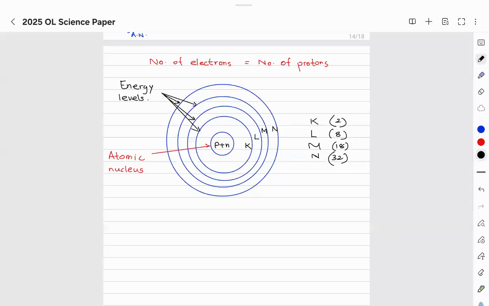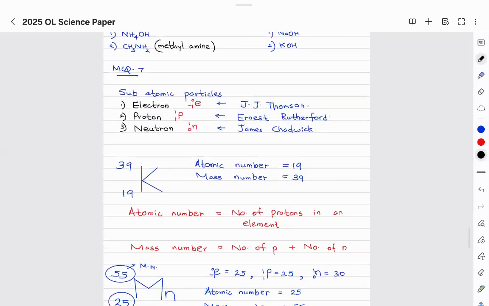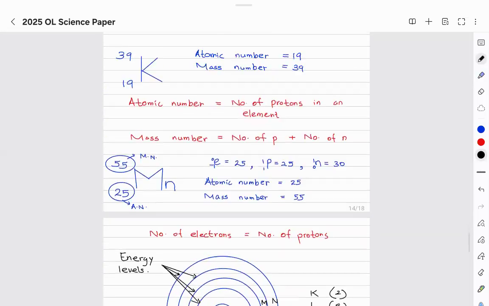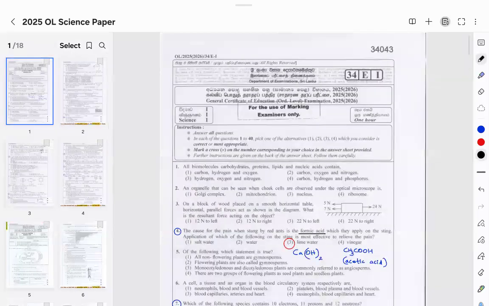That means K is 2, L is 8, M is 18, and N is 32. Clear? Right. So that is a brief introduction to atomic structure. Now let's move to the next MCQ.